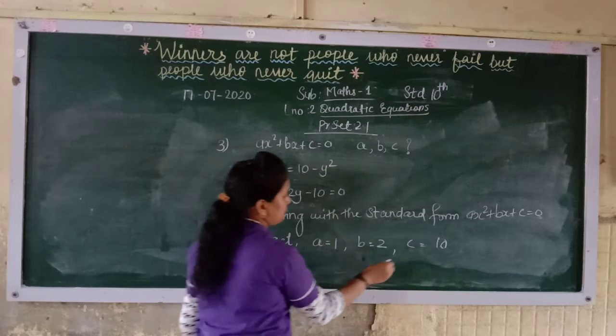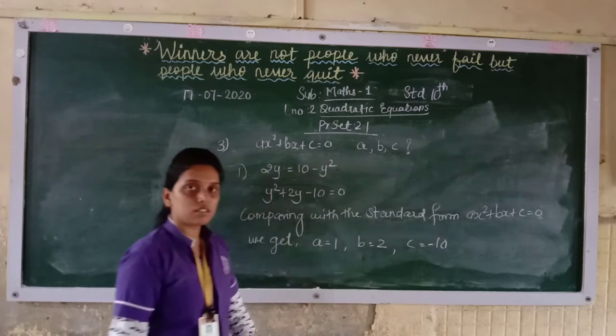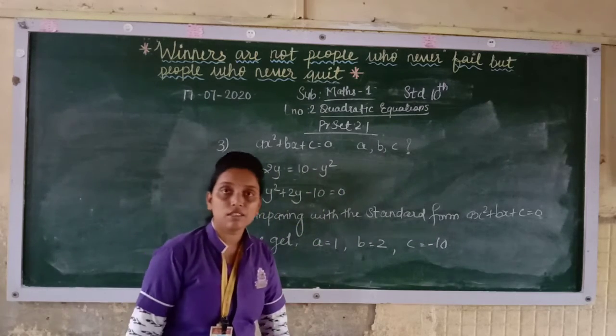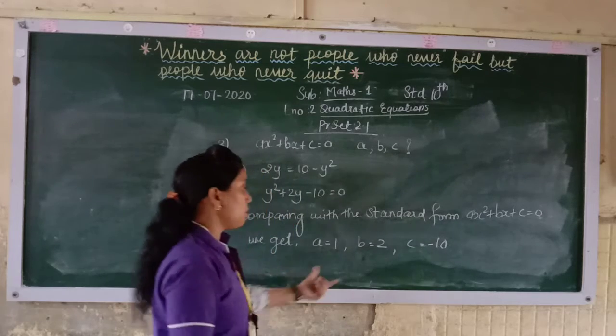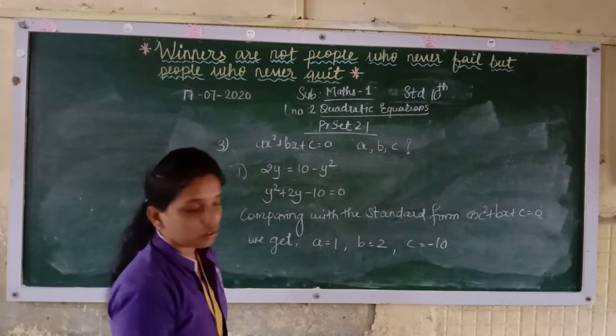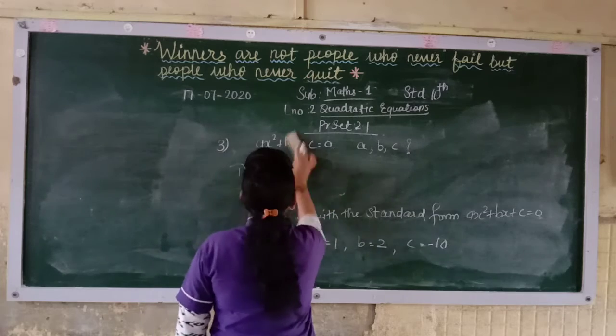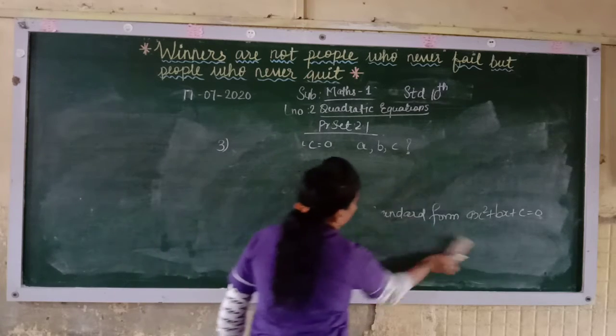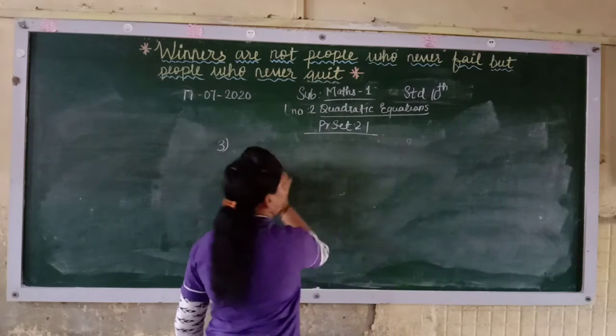Here the minus sign is there. So here it will become minus 10. So always be careful with the minus sign. Whenever a minus sign is there, you have to include the minus sign. So this is how it is to be done.